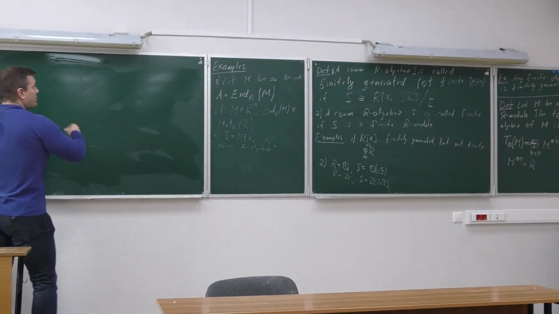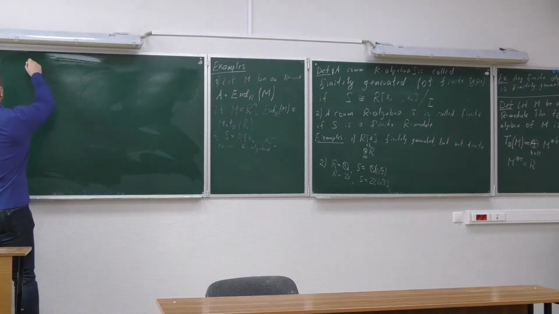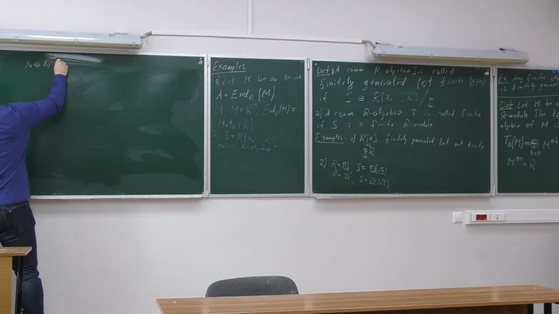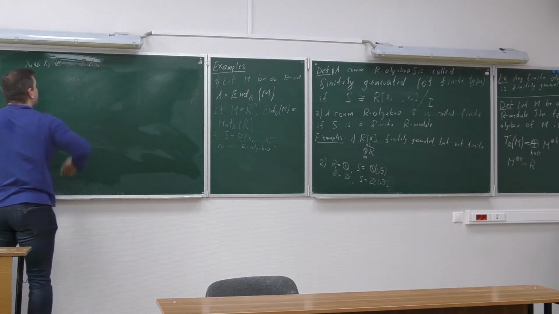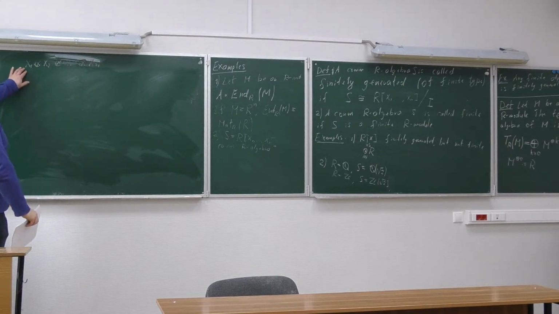So what's the general element in this tensor algebra? Well, this is something like x1 tensor x2 tensor and so on up to xn, right? So that would be a simple tensor of degree n, and of course the general tensor will be just a finite sum of such tensors.